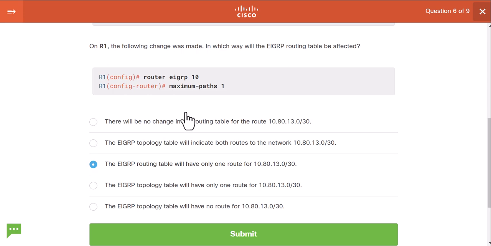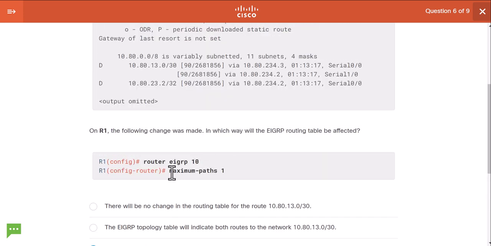I'm not sure about this question specifically, but to me this question becomes: this command, maximum paths, what table does it affect? Does it affect the topology table, which means only one route will even be considered in the topology table, and therefore only one route will be established in the routing table?